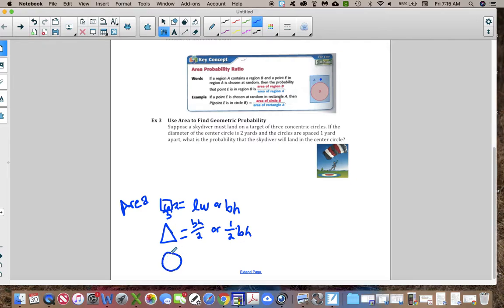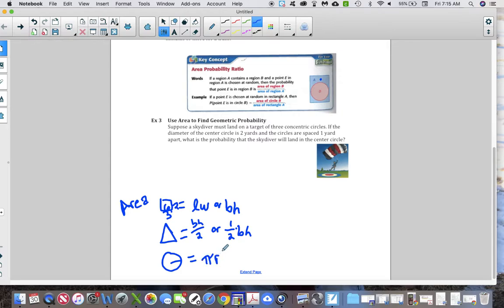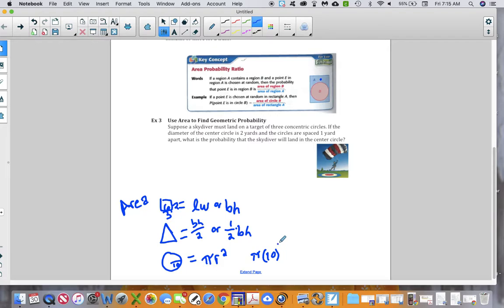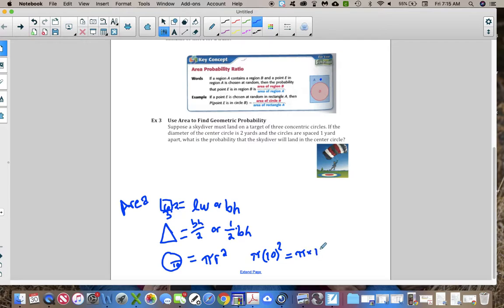I don't know what else we're going to need besides these 3, so let's just leave it at that. Circle. The area of a circle is pi radius squared. The radius is just the distance from the center to the outside, so let's say this is 10. We would take 10 and square it. 10 squared is 100, so we have pi times 100, which is just moving the decimal 2 places.